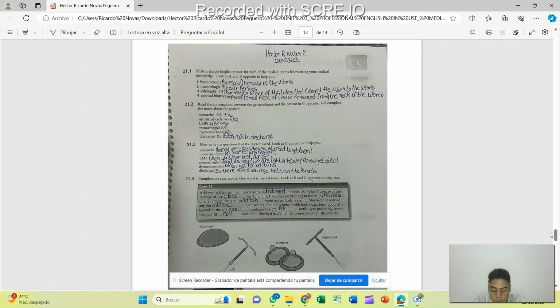Menstrual cycle, 28 days. LMP, 15 days ago. Menorrhagia, no. Dysmenorrhea, no. Discharge, a little whitish discharge in between periods.